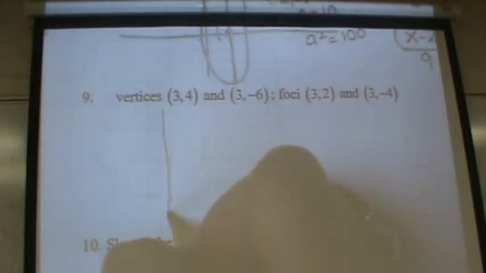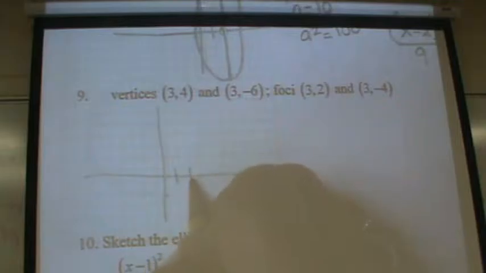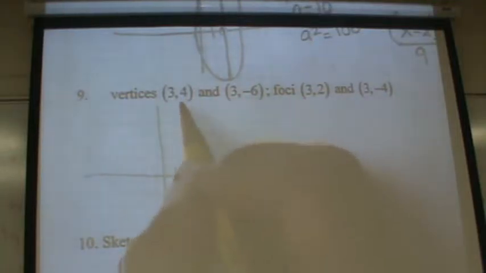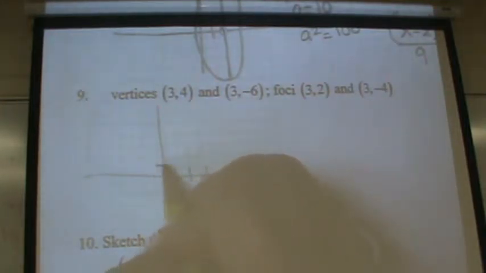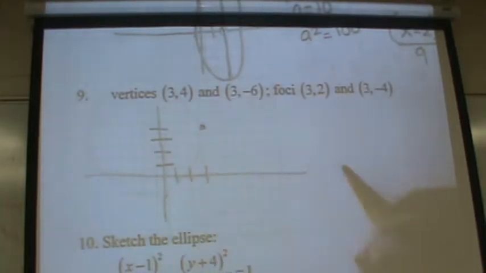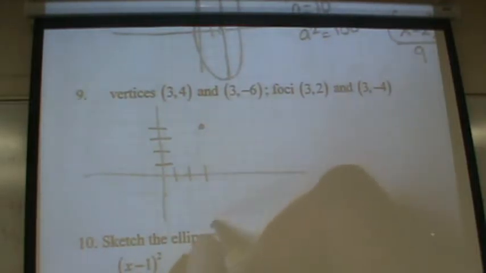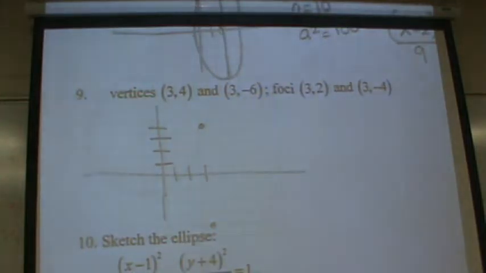This one has vertices at 3, 4. Vertices are your major axes. So 3, 4, that's a vertex, and 3, negative 6, way down here. That's a, so it's elongated on the y-axis.